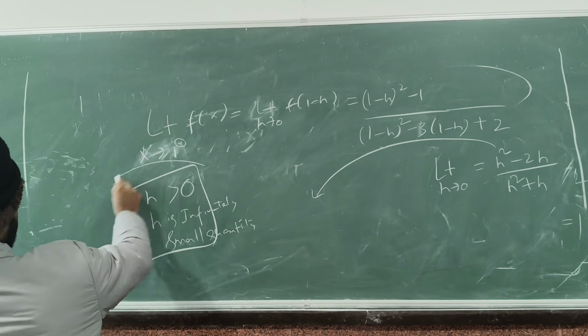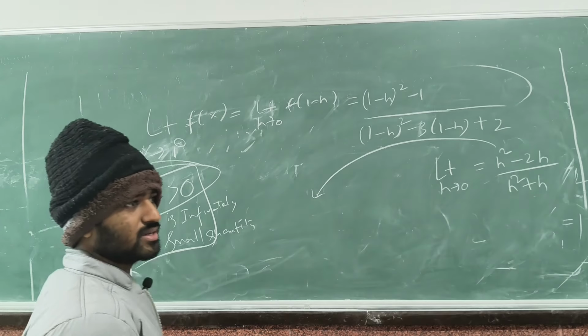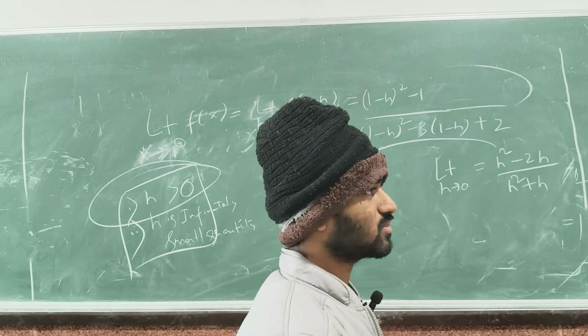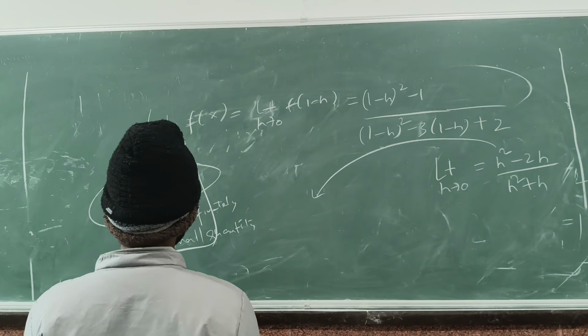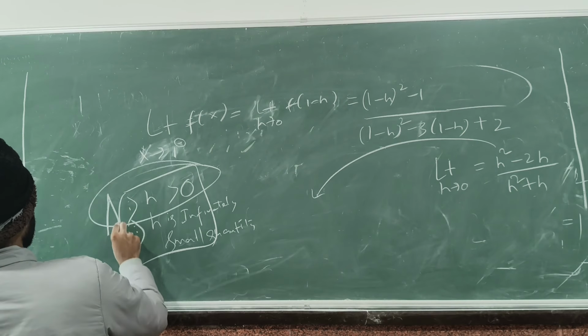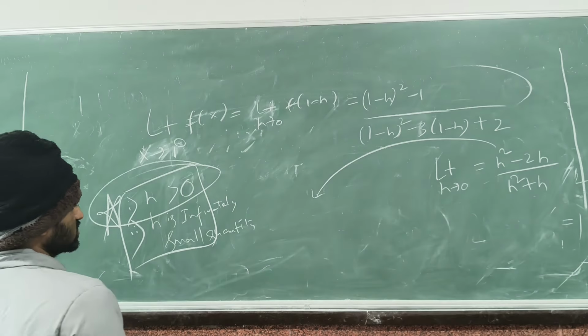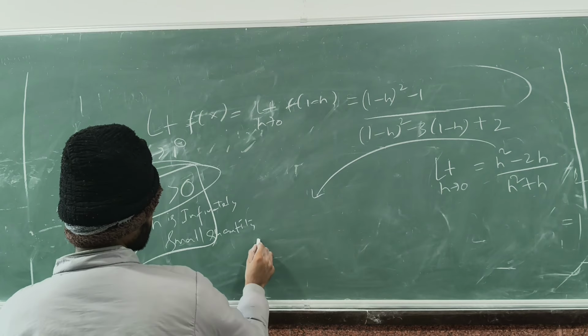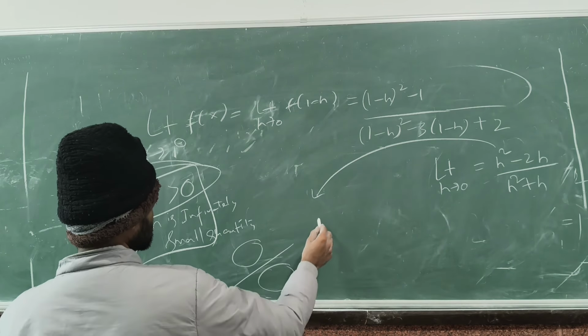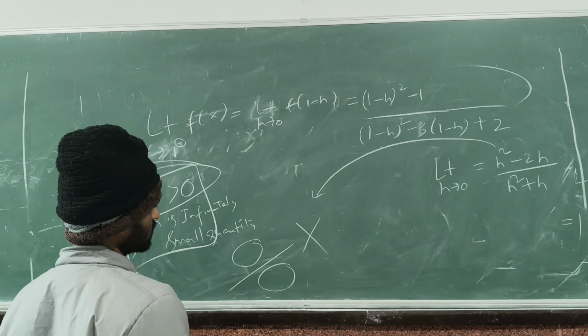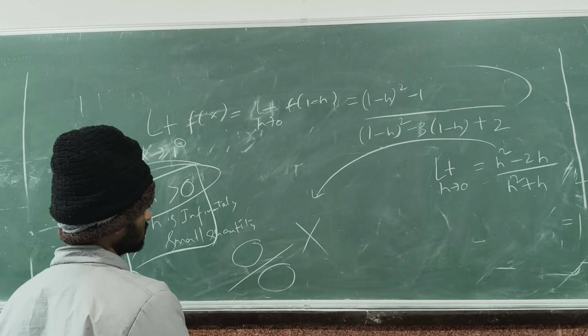So if you observe here, h is not exactly 0 but positive. What does it mean? What we can infer from here is very, very important. If you divide 0 by 0, it is undefined. We can't divide 0 by 0.